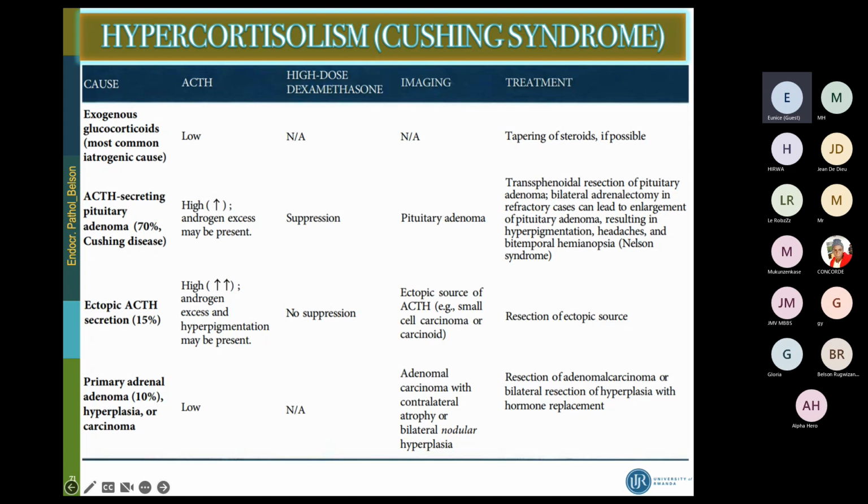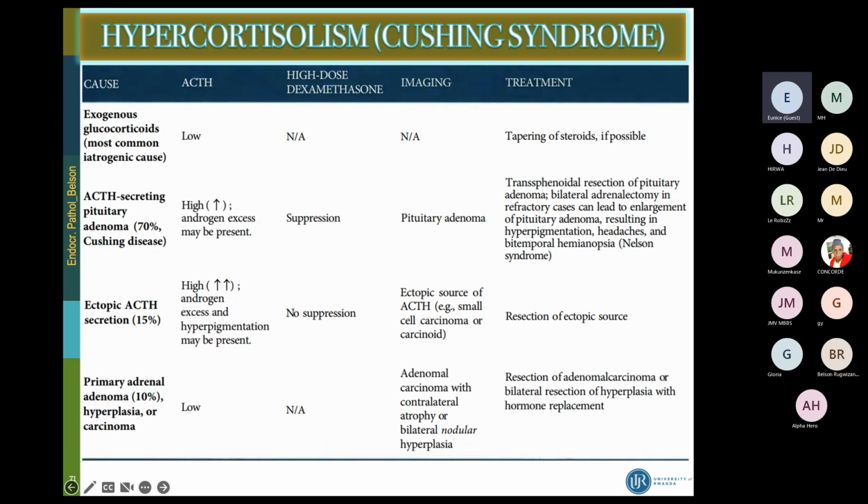So if the cause of Cushing syndrome is the ACTH secreting pituitary adenoma, and you see that this is the most frequent reason for Cushing syndrome, so STH will be usually increased. Ikorerwa muri pituitary gland. Then high dose dexamethasone will suppress STH production.